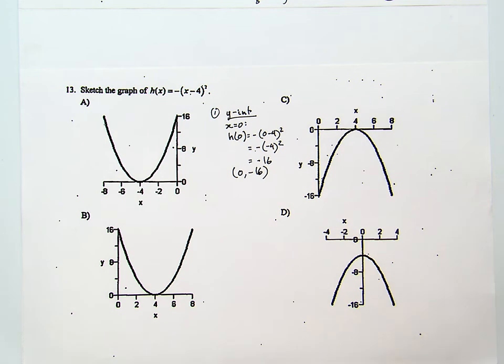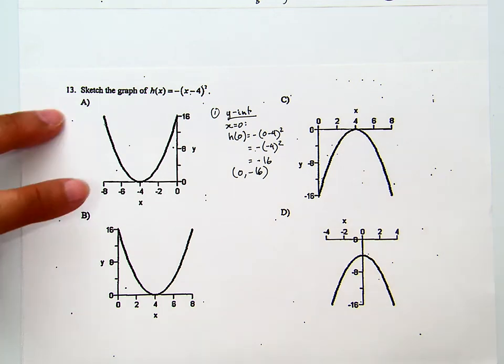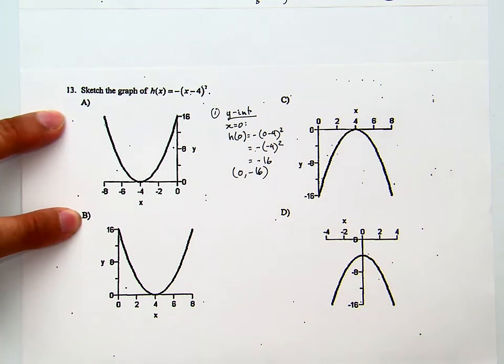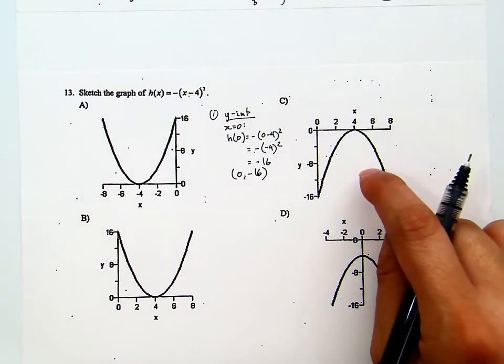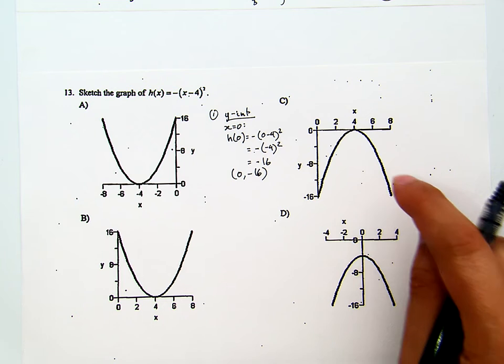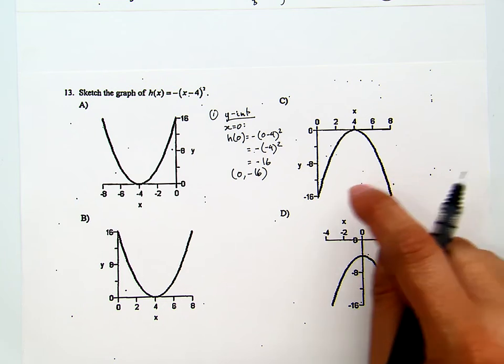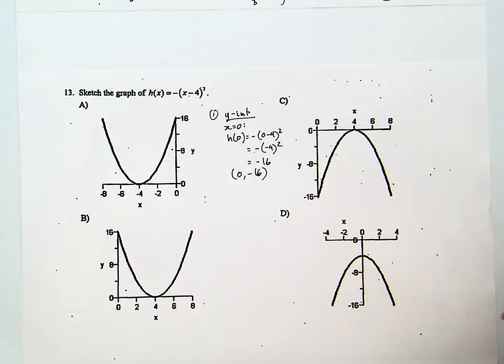Now from here we see that we need to disqualify A and B. Oh, actually we are done. We know that this will be the answer because this is the only option with y-intercept negative 16. But instead of just answering that way, let's move on a bit further.